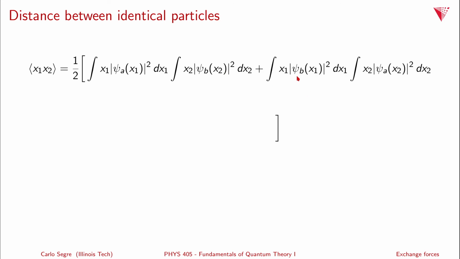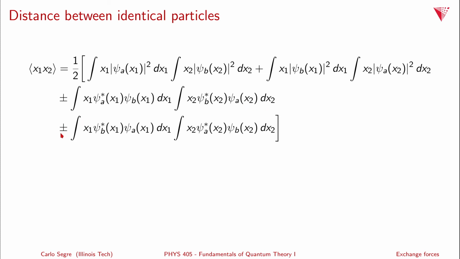Then we have the opposite, that is the integral of x1 |ψ_b(x1)|² dx1 times the integral of x2 |ψ_a(x2)|² dx2. Then we have cross terms, which are plus or minus the integral of x1 ψ_a*(x1) ψ_b(x1) dx1 times the integral of x2 ψ_b*(x2) ψ_a(x2) dx2.